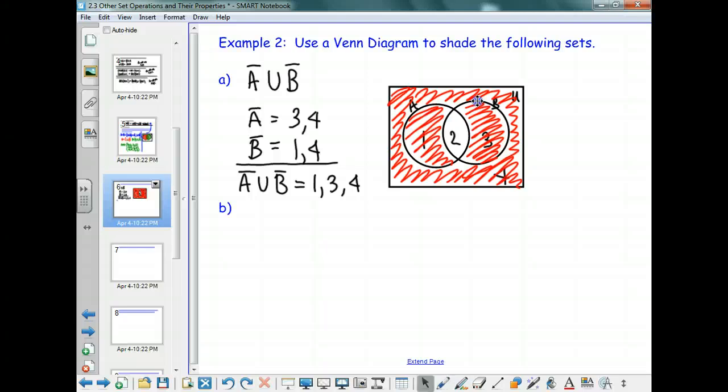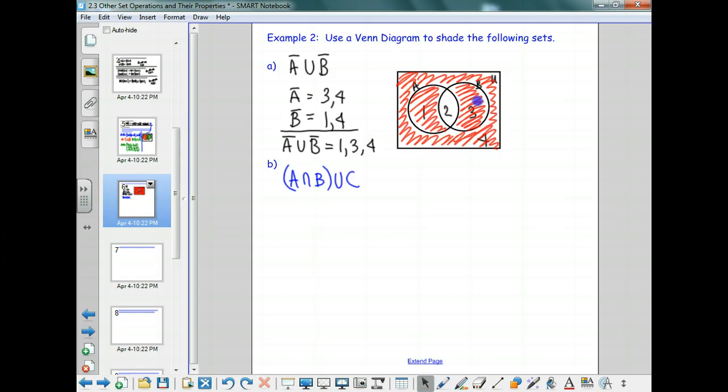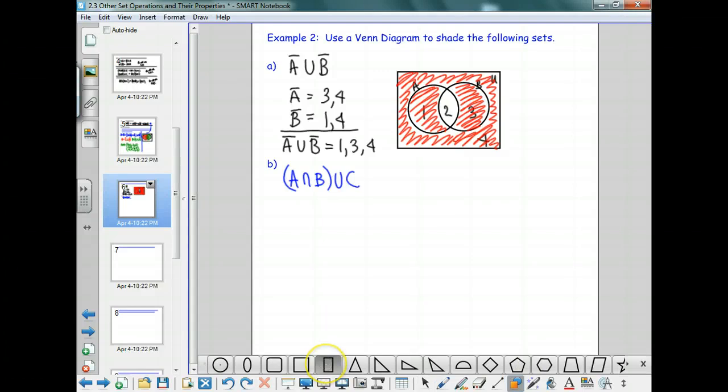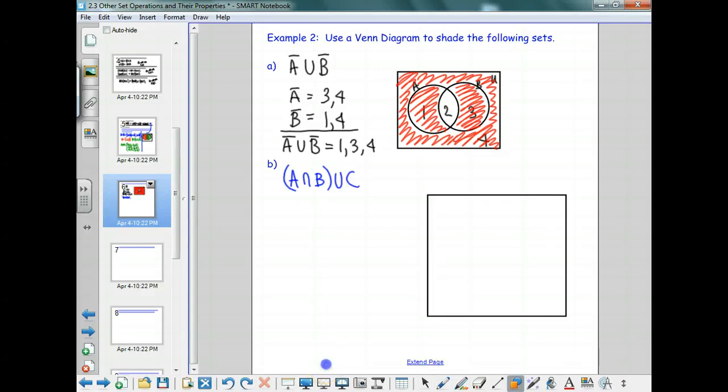All right, we're going to do A intersects B union C. So how many sets do I have? I have 3. So I need to draw a rectangle.